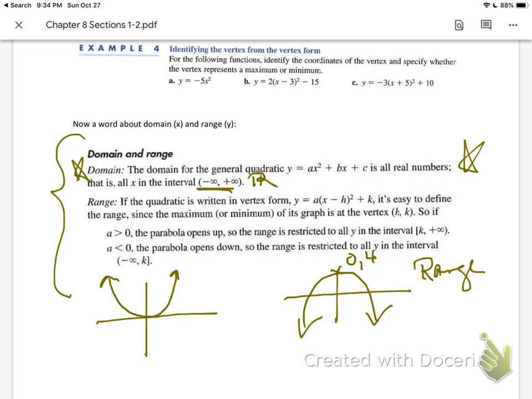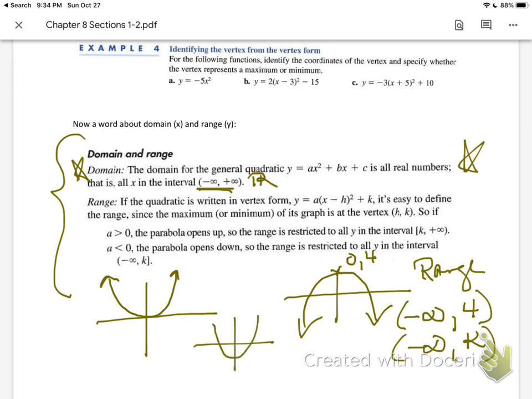So I would write that my parabola's range here starts at negative infinity, and then it goes up to a high of 4. So negative infinity to k in this situation. That's a downward facing parabola.